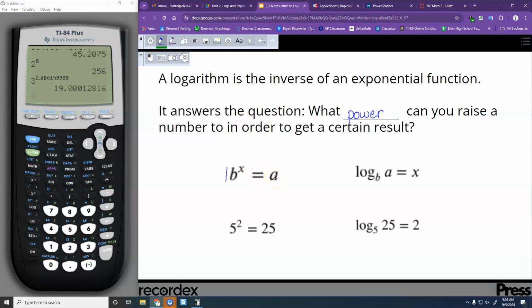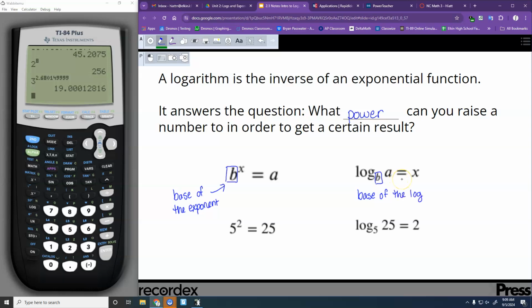Whenever we have this b right here, I use the letter b because we call that the base of the exponent. And over here, this b right here is the base of the log.